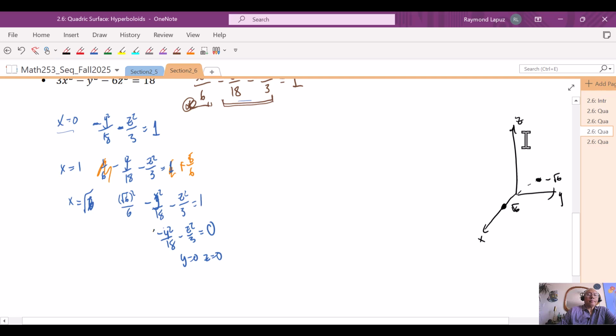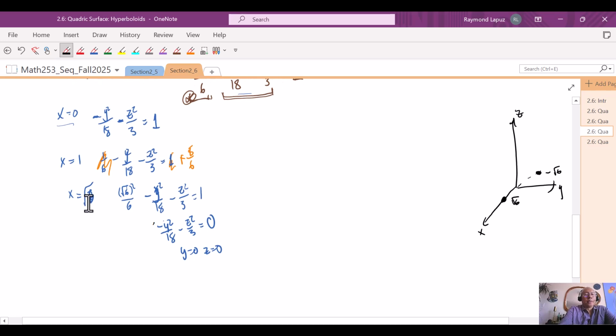Okay. Now if we imagine putting values that are larger than square root of 6, and it looks like it'll exist. Let's put one value that's larger than square root of 6. So anything like the square root of 9, so that's a 3.